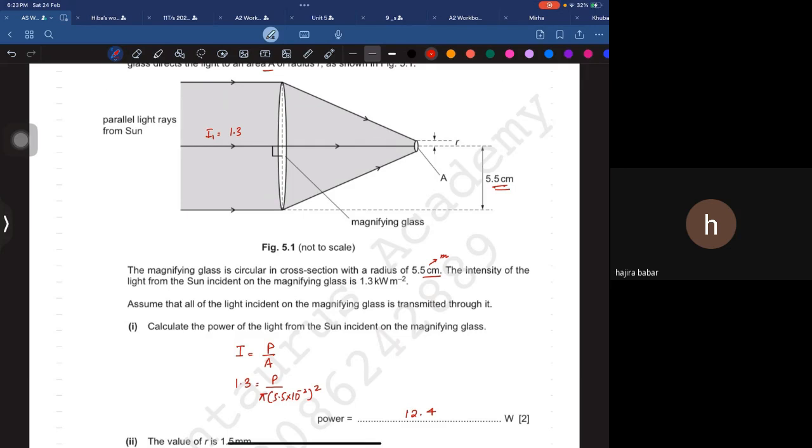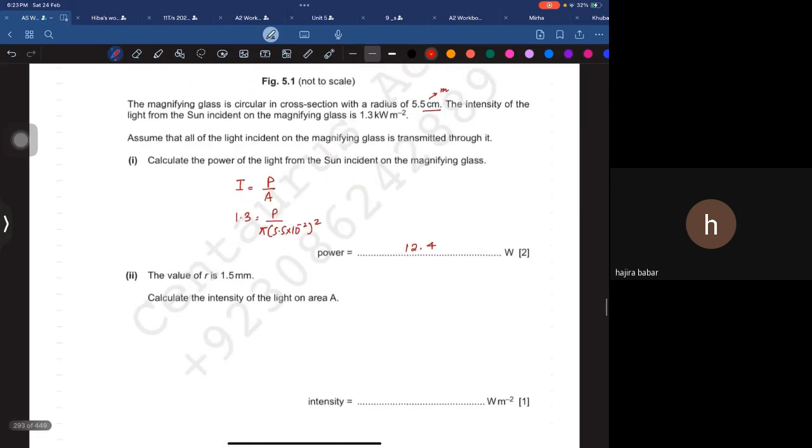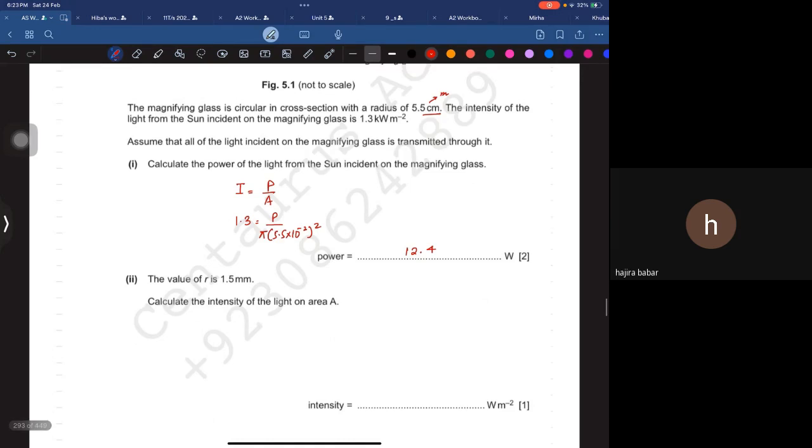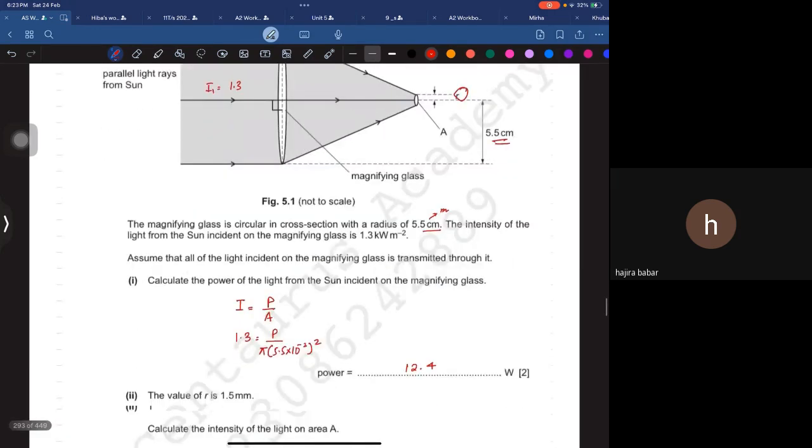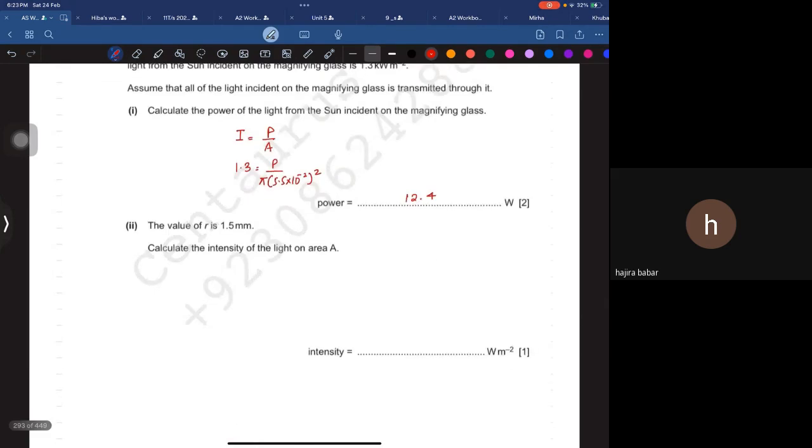All right. So, yeah. Then we're going to move to the next. It says the value of R, which is the distance here, is basically 1.5. So calculate the new intensity of this. Well, that's fine because we know that as the distance increases or decreases, there's basically a relationship between that, and that relationship is I1 over I2 equals x2 square over x1 square.